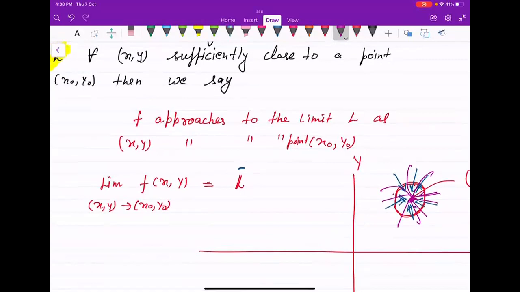In order to check whether the limit exists or not, we have to check all the paths, and if the limit comes out the same by all the paths, then we'll say the limit exists. But it is not easy to check all the paths.